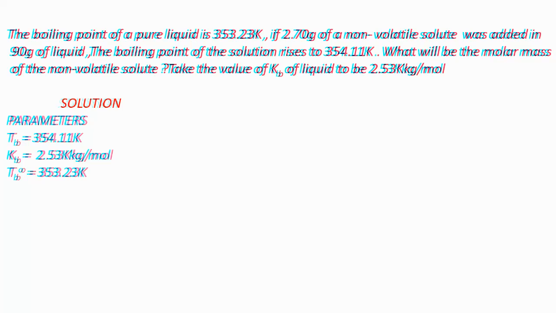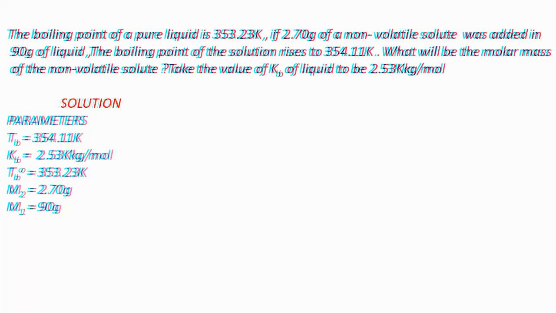So initially there was 90 gram and 2.70 gram was added. So our M1 is 90 gram and our M2 is 2.70 gram. Are we together? Yes, our M2 is 2.70 gram and our M1 is 90 gram.